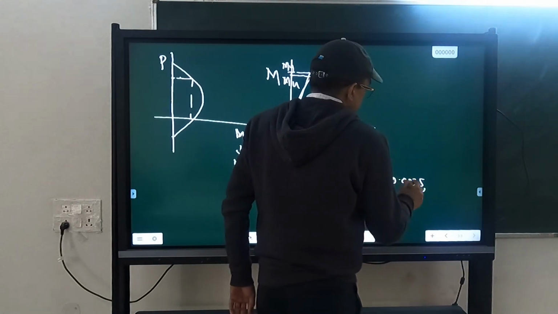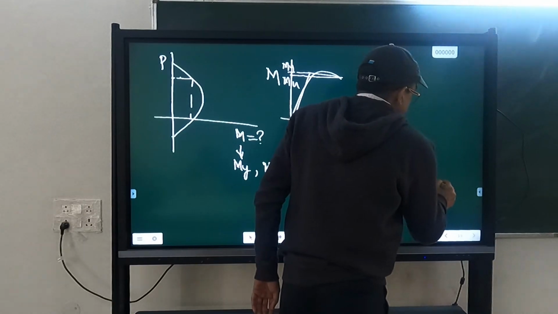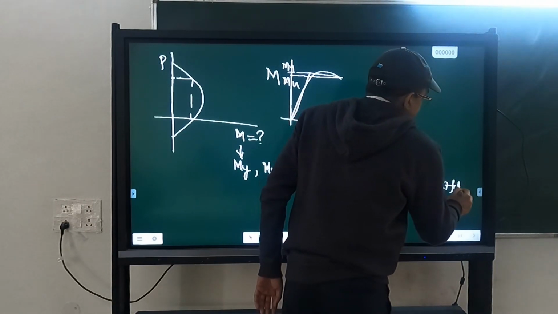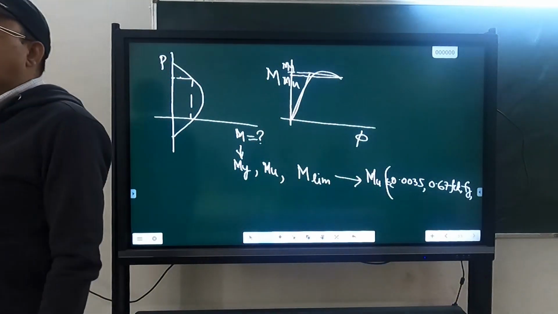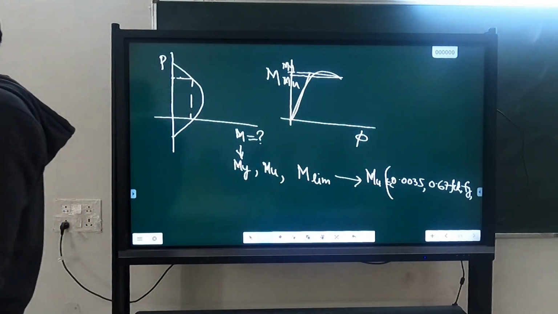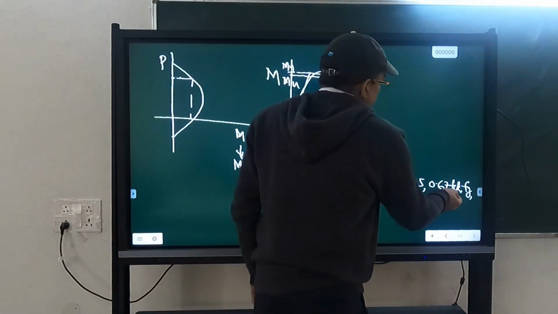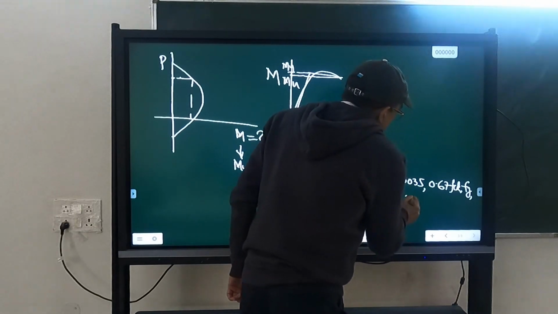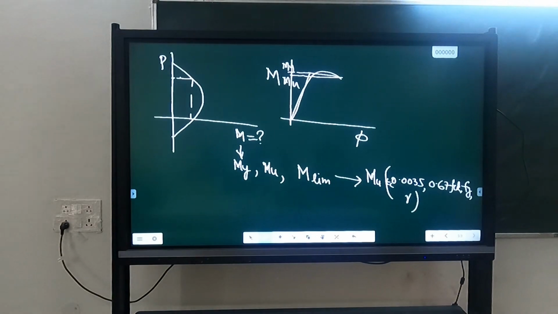Okay, and we use 0.67 FCK and Fy, and why 0.67? Because of the correction factors. So FCK is characteristic strength of cube. To convert that into structural strength, we use this, and then we use the partial factors of safety. Okay, that gives you Mu.